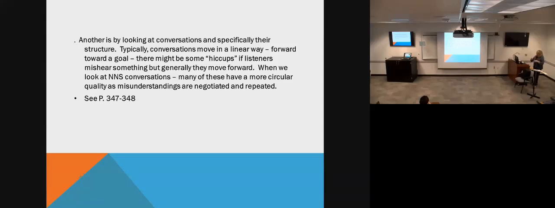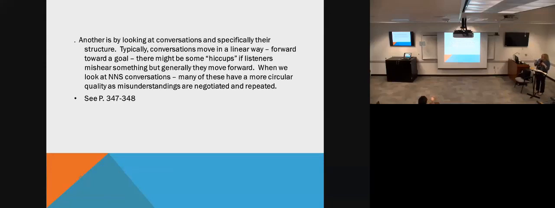So this is what I just said, looking at conversations and their structure. Typically conversations go linear or vertical, basically toward a goal. There might be some things that you misunderstand. You might say, oh, I'm sorry, what did you say, but essentially it goes in a linear fashion.